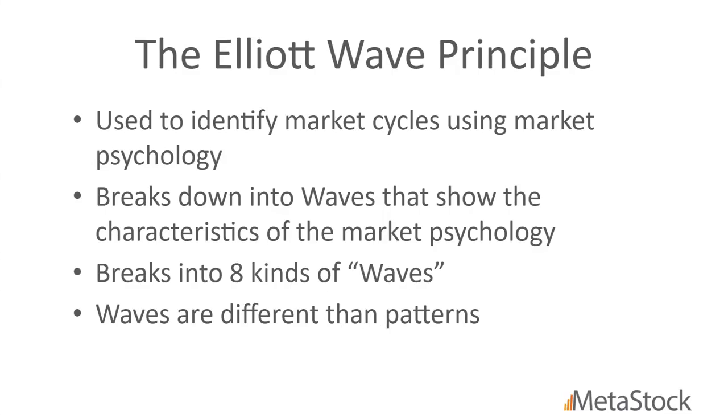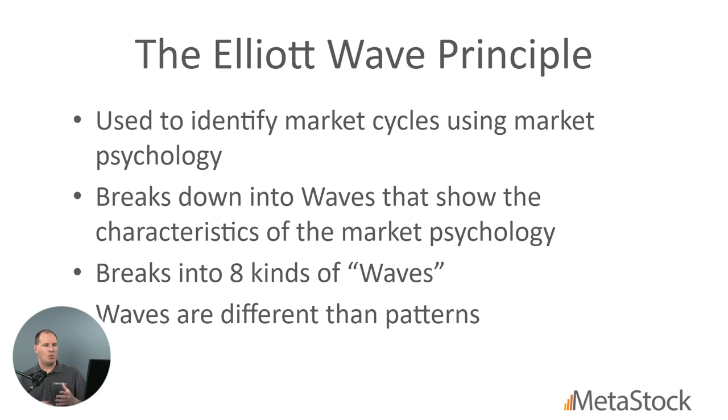What we're talking about is patterns in the way that things move. So they'll move one way, and that follows another way and another way. So that leads into what Elliott Waves are. They're these patterns that are identified. So the Elliott Wave principle is, as we've said, used to identify market psychology and identify market cycles within that psychology.